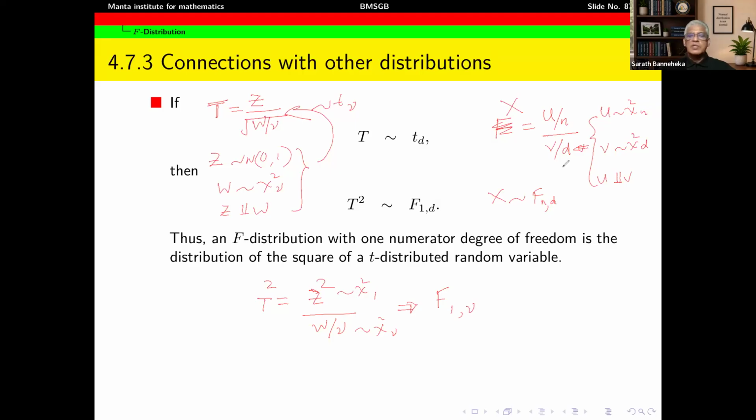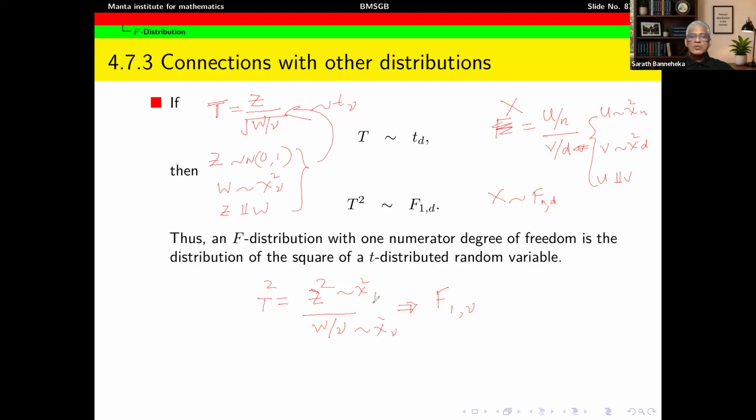So that's what is happening here, because U is equal to Z square. In T square, the numerator is Z square, which has a chi-square 1 distribution, so the numerator degrees of freedom is 1.